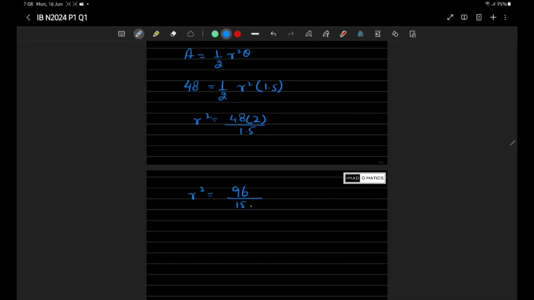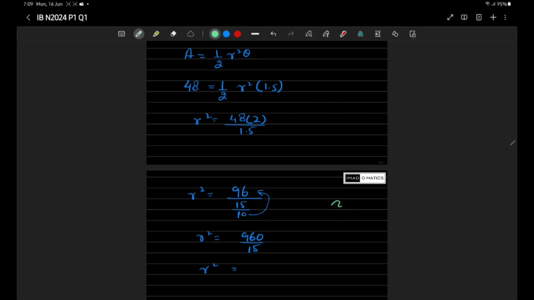Now 1.5, we remove the decimal, we get 15 and 96 becomes 960. This 10 multiplied by 96 becomes 960 divided by 15. 960 divided by 15.